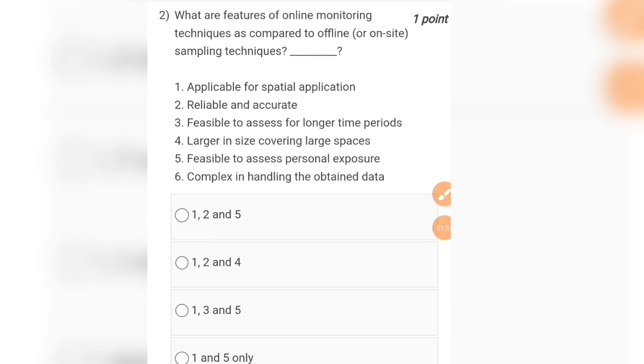Point 4 is larger in size covering large spaces. Point 5 is feasible to assess personal exposure. And point 6 is complex in handling the obtained data. So the correct answers for question number 2 will be points 1, 3 and 5. So the correct answer will be option C, that is 1, 3 and 5.